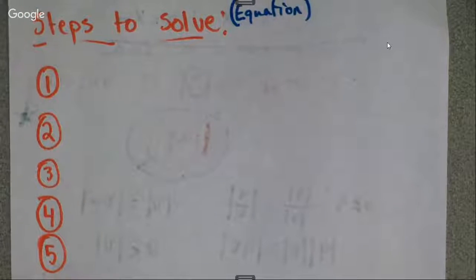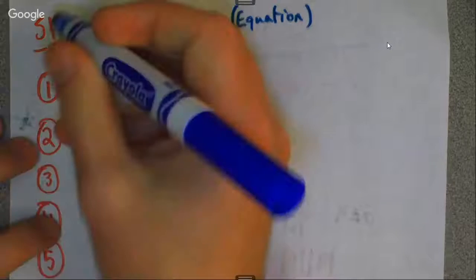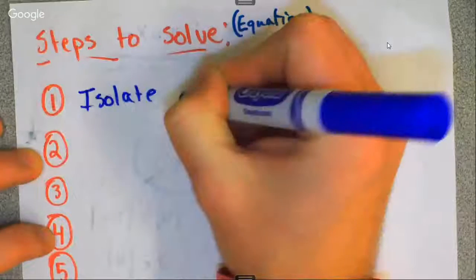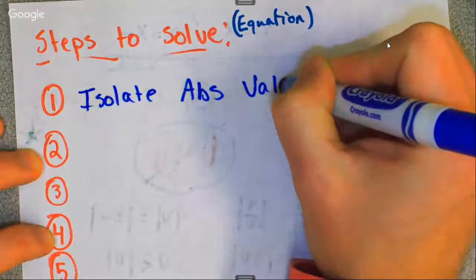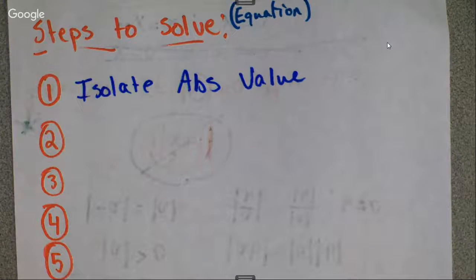So steps to solve equations, and we'll tack on anything else we need for inequalities. Step 1 is to isolate the absolute value. Remember, isolate means to get it on one side, all by itself.